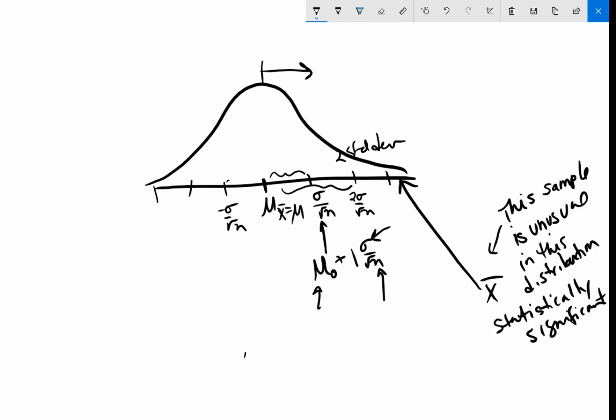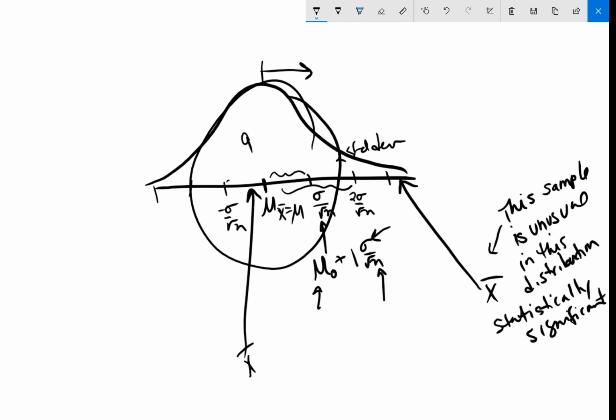Now, if I had taken a mean, and a mean had been here, well, that's kind of where they should be. Means all should lie within here, right? If 95% of my data lie within 2 standard deviations, if I take a sample mean, it should lie within 2 standard deviations. Generally, anything outside of that is considered a bit unusual and might be telling us that the mean has shifted.